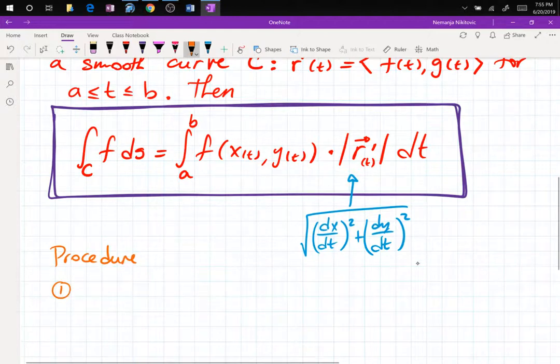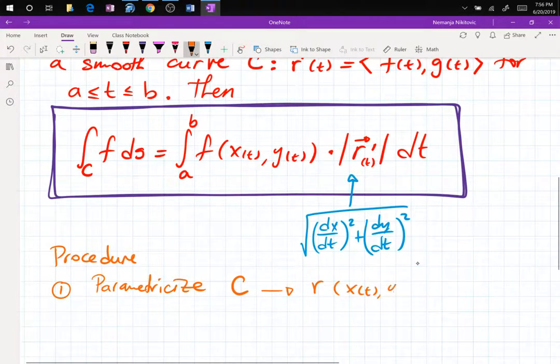Number 1, parametrize C, which will give you r of x of t, y of t. So r is not always given to you explicitly. You have to suffer sometimes to find it. That's why I said you need to know how to parametrize.